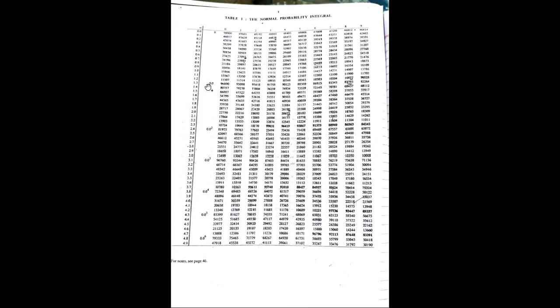This 0.0 should be preceded to this value, so we can read this value as 0.098525. So for 1.3, the value 1.30 can be read as 0.096800.